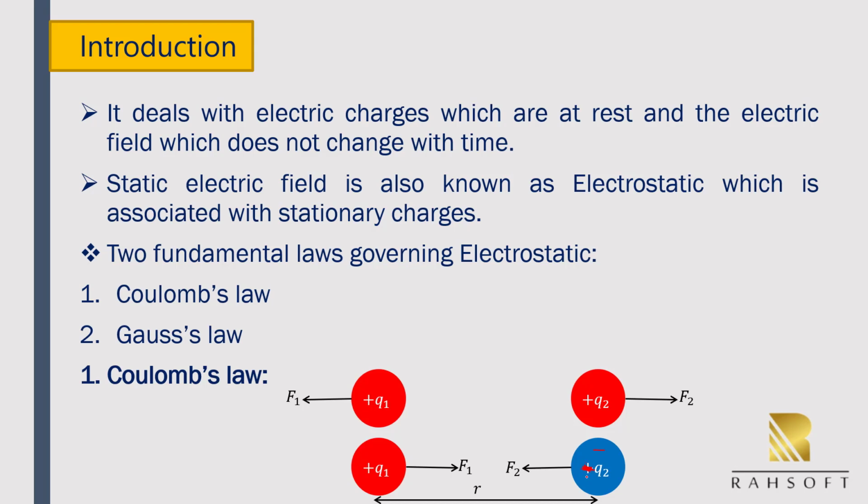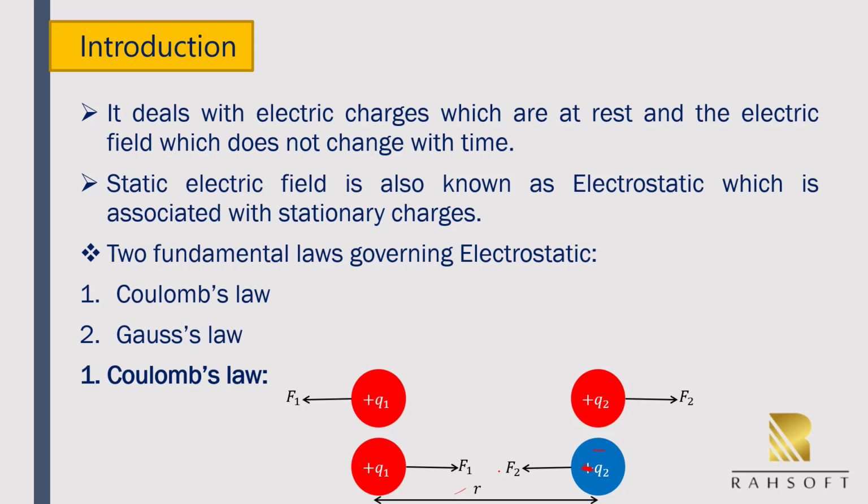So the laws for the force of attraction or repulsion between two electrically charged bodies separated from each other by a definite distance, where I have denoted the distance between the charges by R, are stated as follows.